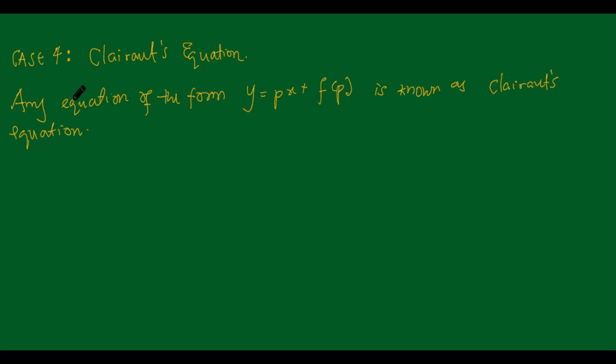So definitely we can follow the same steps as in the case of equations solvable for y. We have y = px + f(p). We know that p = dy/dx. So for equations solvable for y, we can differentiate both sides with respect to x.